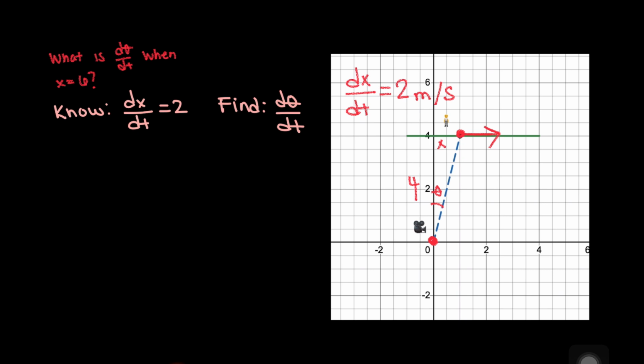And so now we're ready to go through our process. The derivative we know involves x. The derivative we want to find has a theta. So I have to write an equation that relates theta to x. So looking at my picture here, x is this horizontal distance that the performer has traveled.